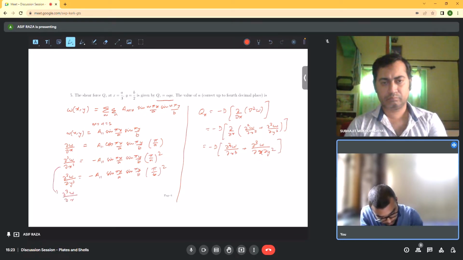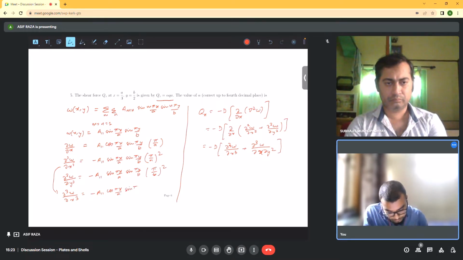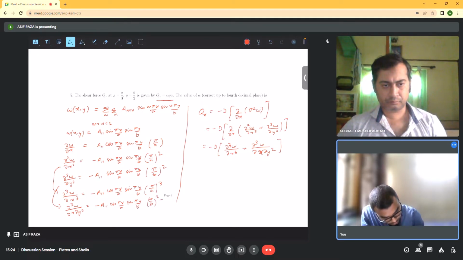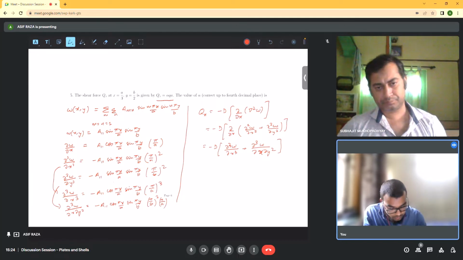Del cube w by del x cube is equal to minus A11 cos(pi x by a) (pi by a) cube, and del cube w by del x del y square is equal to minus A11 cos(pi x by a) sin(pi y by b) (pi by b) whole square times (pi by a), getting from this part.